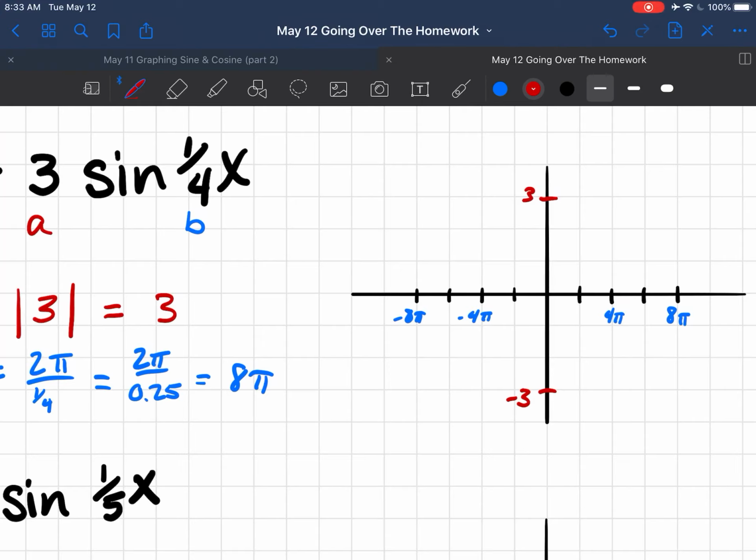The amplitude was 3, so 1, 2, 3 up here, and negative 3 down here. And then this one is sine. So when you graph this, sine starts in the middle and then goes up. So I'm going to start there. It starts in the middle and goes up to the top of the wave, then back to the middle, down to the negative, then back to the middle. Connect those dots, and there's your sine wave.